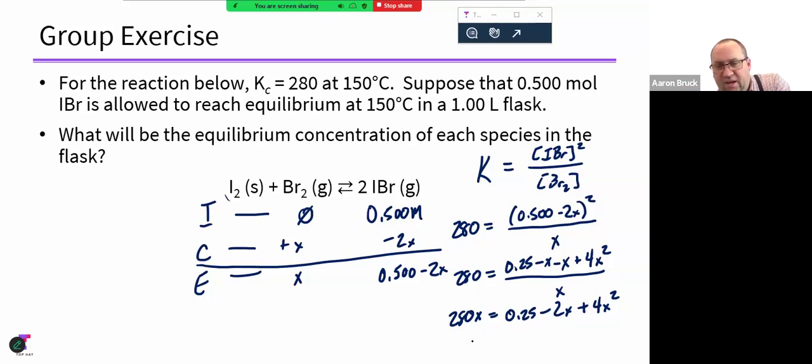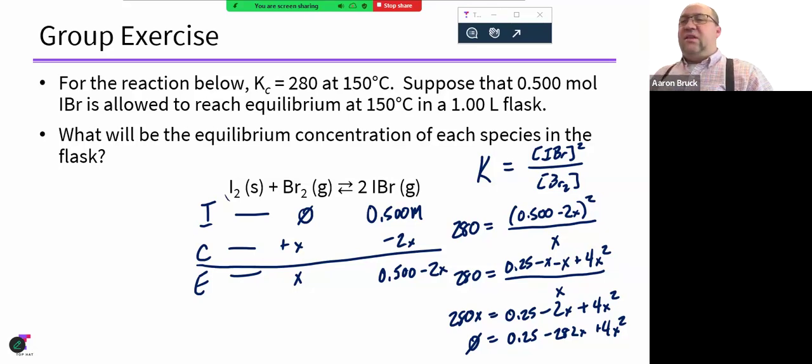And subtracting 280x, now 0 is equal to 0.25 minus 282x plus 4x squared. So again, here's a place where we would seemingly need the quadratic equation.